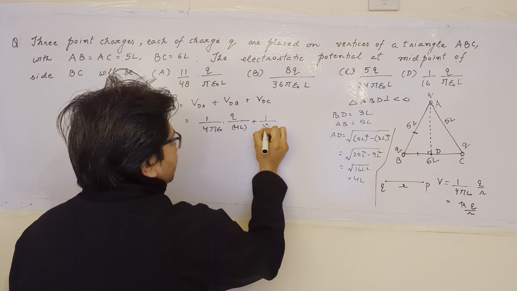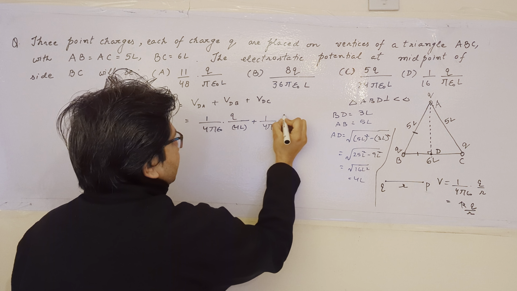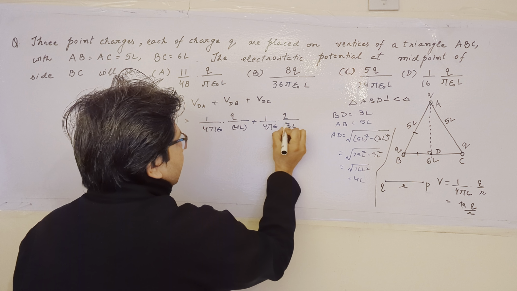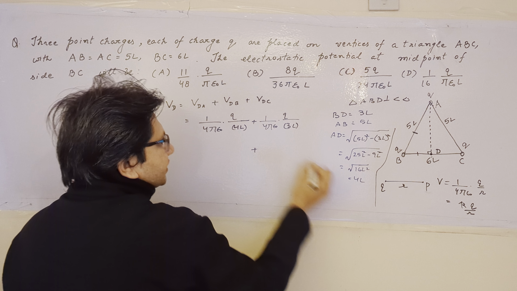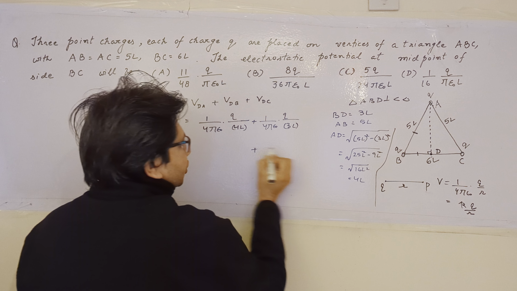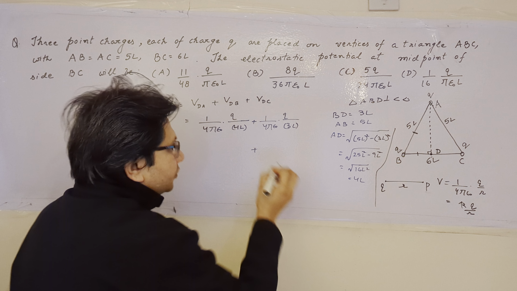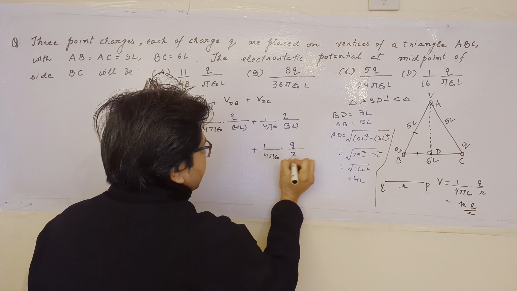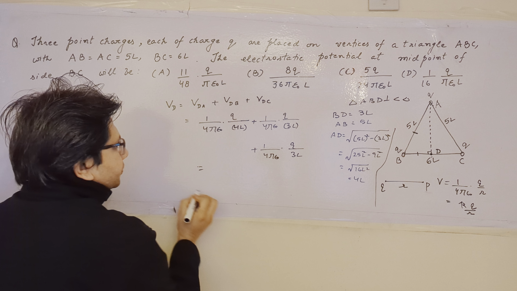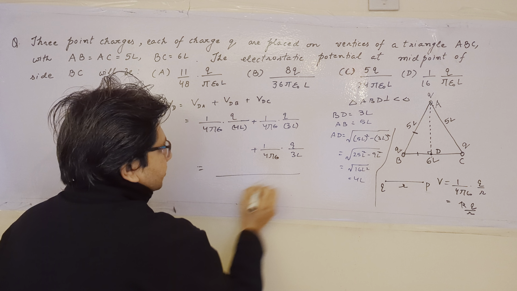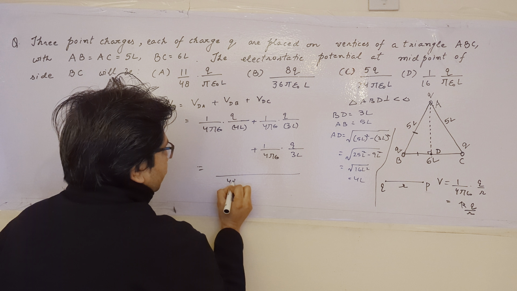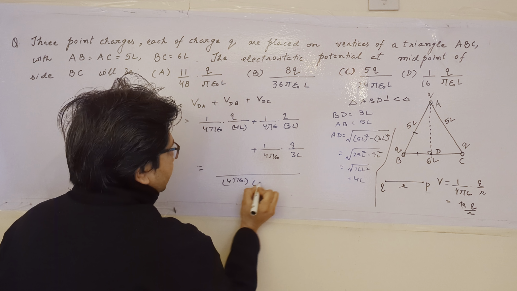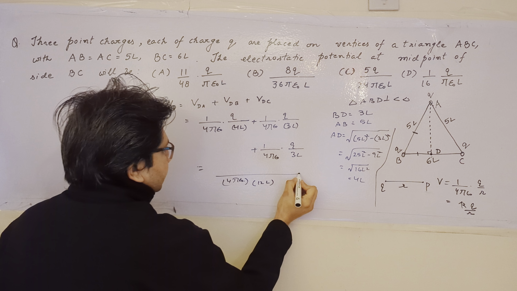So 1 upon 4 pi epsilon naught q upon 3L, plus VDC, the potential at D due to the charge placed at C, which is again 1 upon 4 pi epsilon naught q upon 3L. Now take the LCM as 4 pi epsilon naught into 12L.